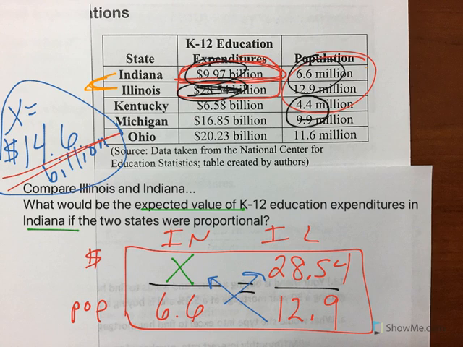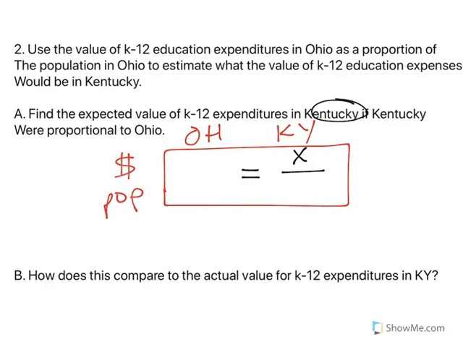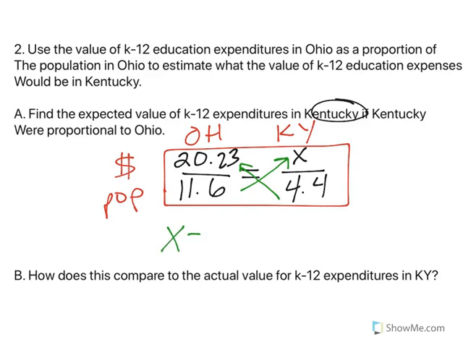People, 4.9 million in Kentucky, 11.6 million in Ohio, and then we need the 20.23 billion in Ohio. So Kentucky's got 4.9 million. Ohio spends 20.23 billion, and they have 11.6 million. So we cross multiply, divide, and Kentucky would have spent $7.67 billion.